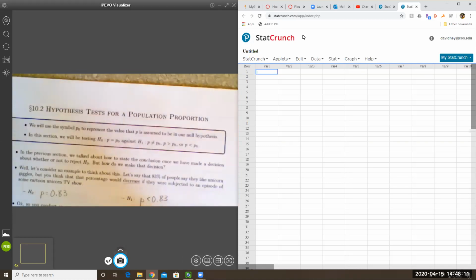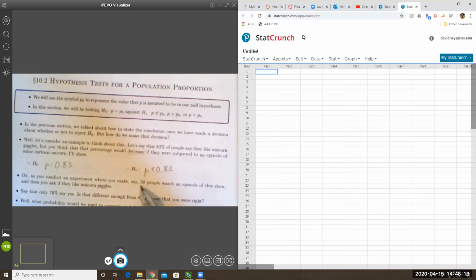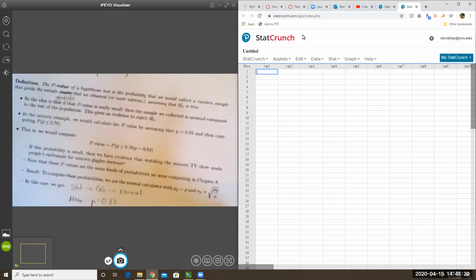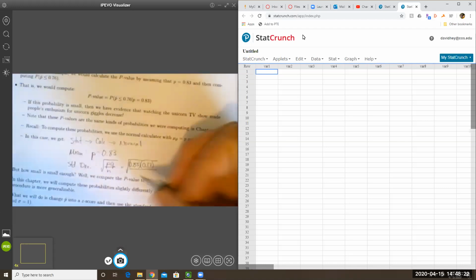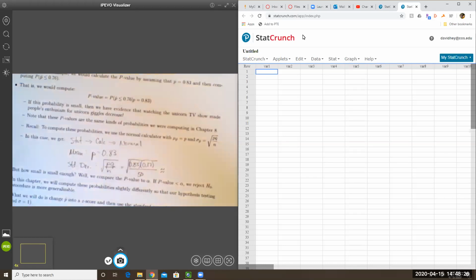You almost have to go all the way back up to the top of the page to find it, but we said that we were going to sample 50 people, right? So that would have been our sample size down here. So divide by 50. And let's see about how much that is. We'll round to 3 decimal places.